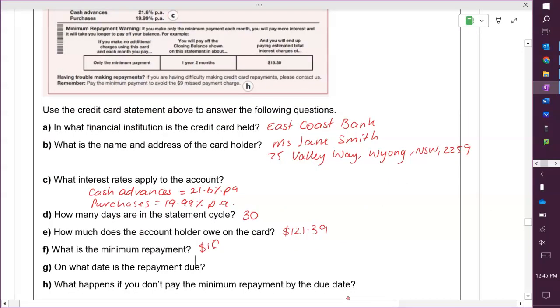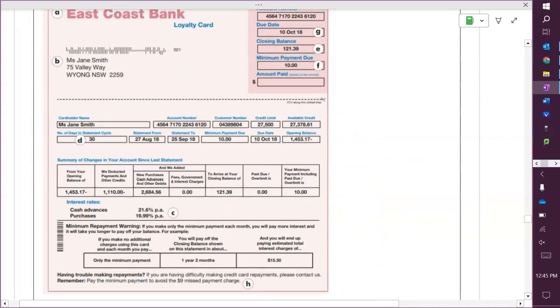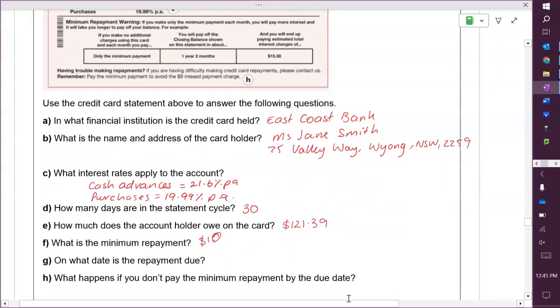On what date is the repayment due? Payment due is this amount, the minimum closing balance, and it is due on the 10th of October 2018. And the last one says, what happens if you don't pay the minimum repayment by the due date?